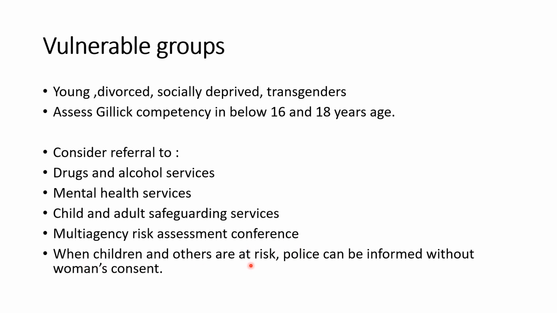When children and others are at risk, police can be informed without the woman's consent. So this is very important. If that woman denies informing anyone or involving any legal authorities, but still she has children or other adults at her home who are at risk from that particular person, you can involve police without her consent.